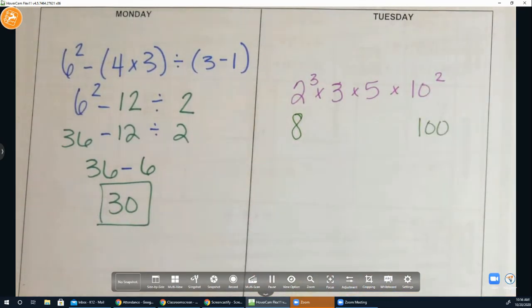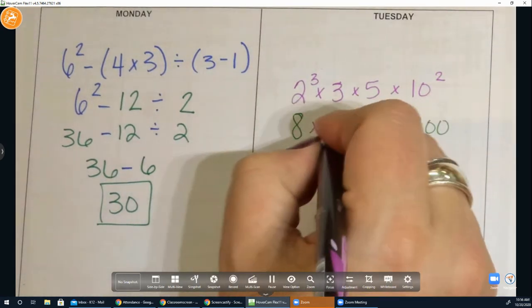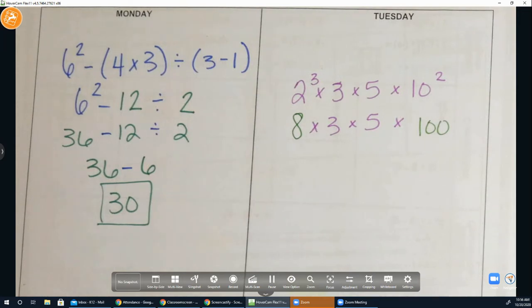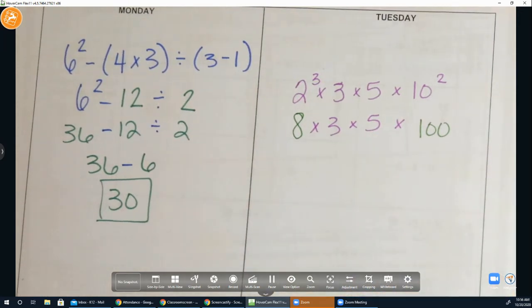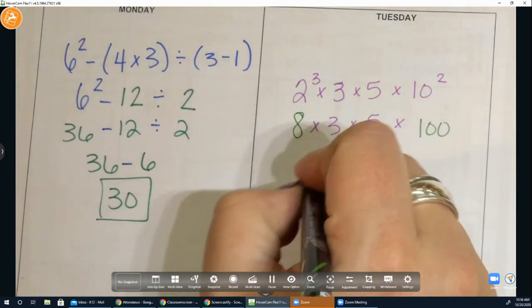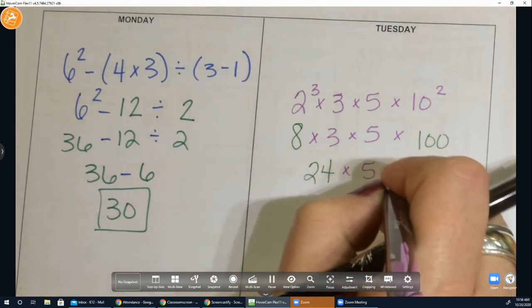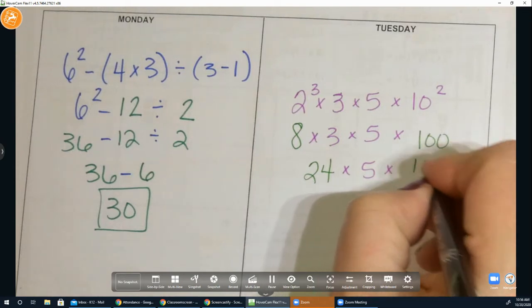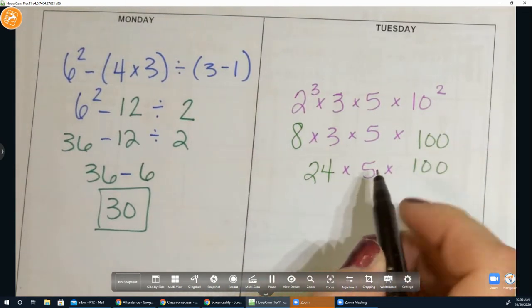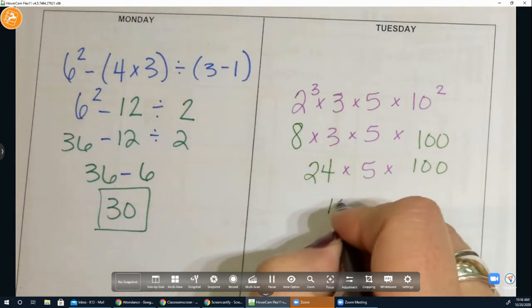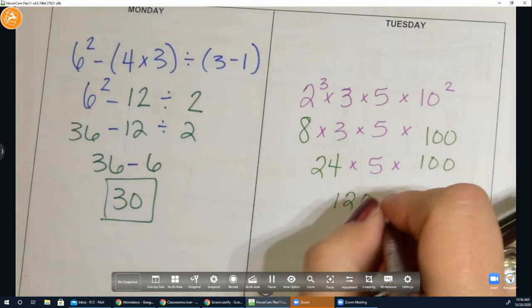Now I'm bringing everything else down. So times 3 times 5 times 100. So then I just go 8 times 3, well, that gives me 24. 24 times 5 times 100. And 24 times 5, well, gives me 120 times 100.